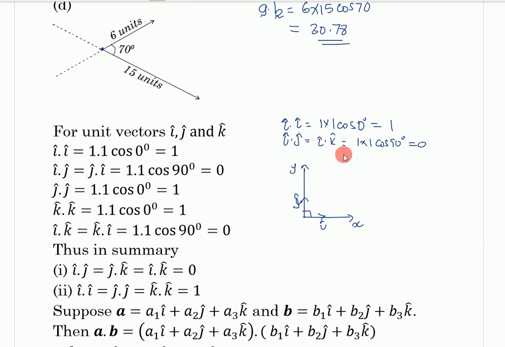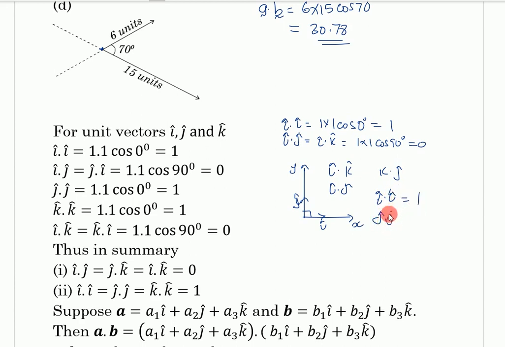So from here you see that once you have them different, I dot K, I dot J, K dot I, K dot J, remember they are commutative. For those which are similar, I dot I, you get 1.